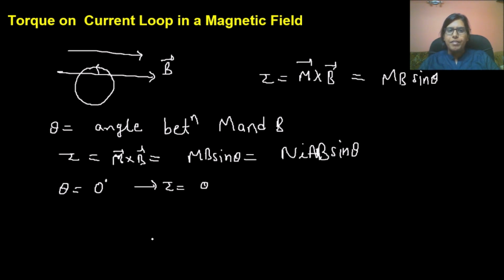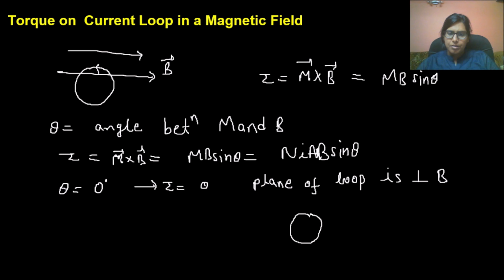So we can say the plane of the loop is perpendicular to B, right? Theta is 0 degree, or we can say theta is 180 degree, sin theta will be 0, that means the torque is 0. Suppose this is our loop and this is the direction of the magnetic field.